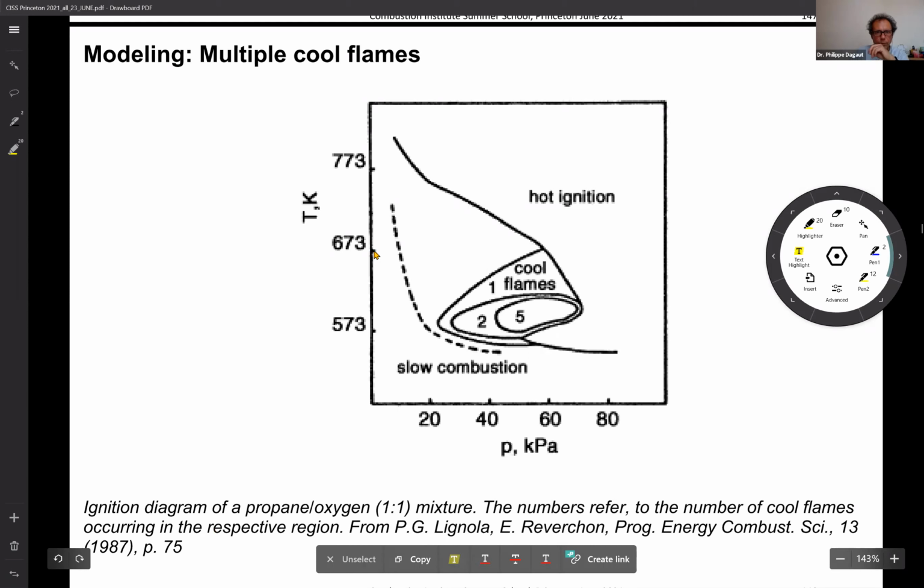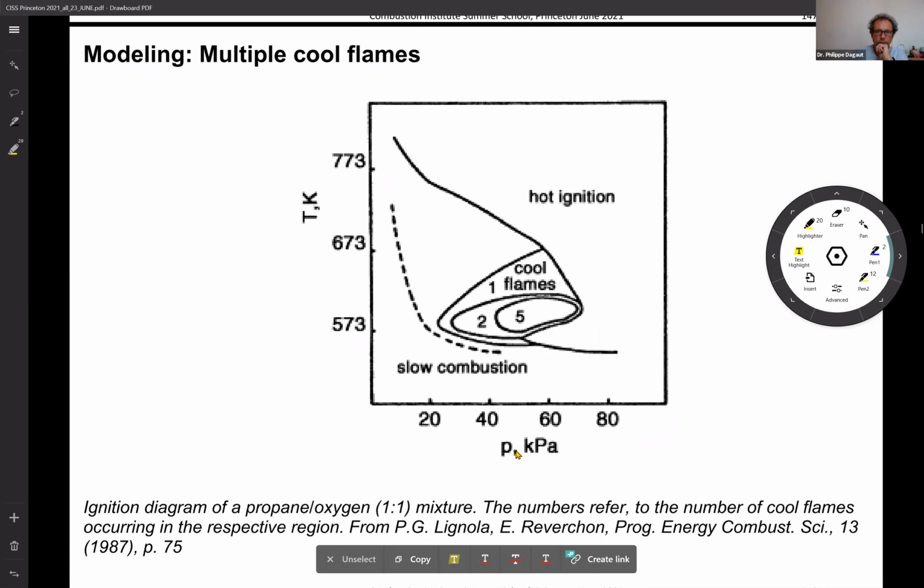If we were moving at a given temperature to higher pressure, we would go from a slow combustion regime to a cool flame regime and transition to hot ignition, which would be high speed oxidation of the fuel.